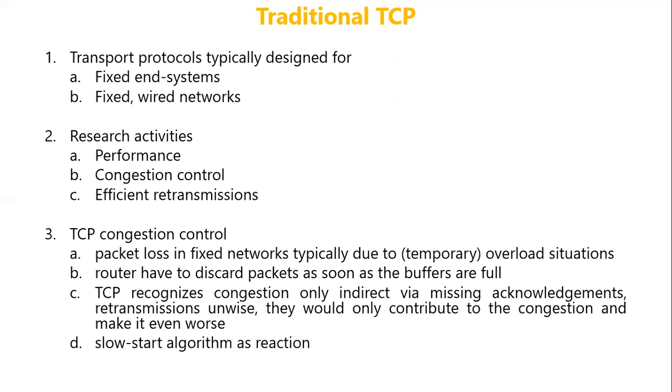The receiver will not directly tell the sender that the packet is missing, but it continues to acknowledge all in-sequence packets up to the missing one. The sender will notice the missing acknowledgement of the lost packet and assume there is a packet loss due to congestion. This is how traditional TCP works.